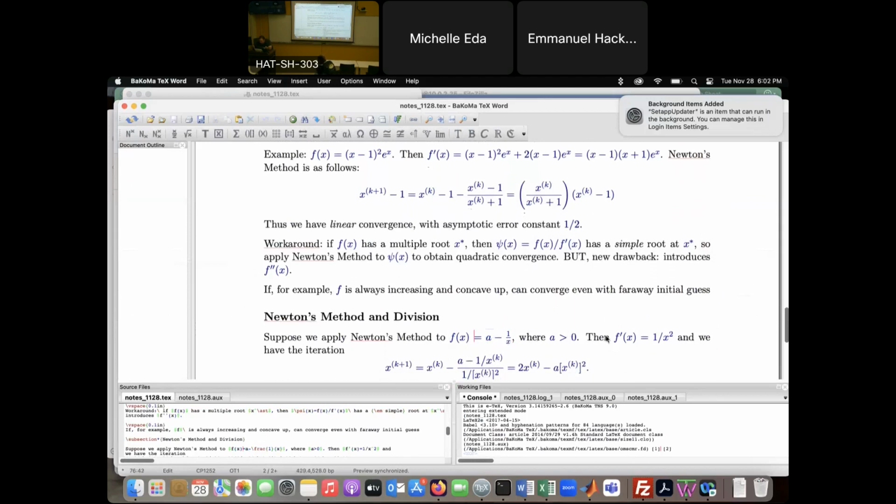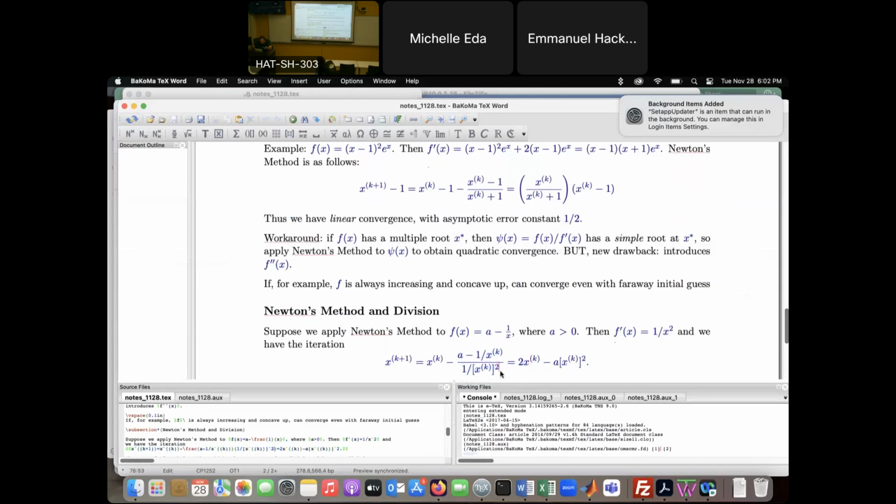Then I take the derivative, and that's just 1 over x squared. Now I work out what Newton's method would be. Here we have x_{k+1} equals x_k minus f of x_k in the numerator, divided by the derivative at x_k in the denominator. But then I simplify all this, and this is what I get. So this is my Newton's method iteration.